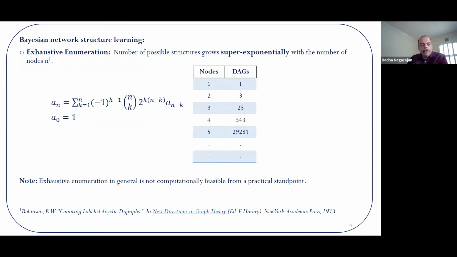Just to get an idea about the computational complexity of these structure learning algorithms, in exhaustive enumeration, as the number of nodes increases, the number of DAGs, directed acyclic graphs, increases super exponentially. This more or less challenges using exhaustive enumeration from a practical standpoint.